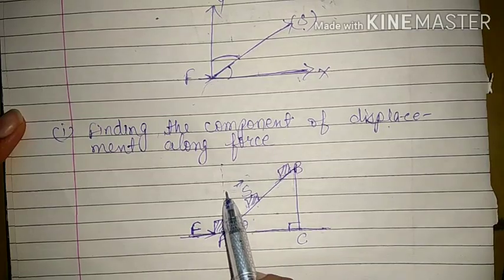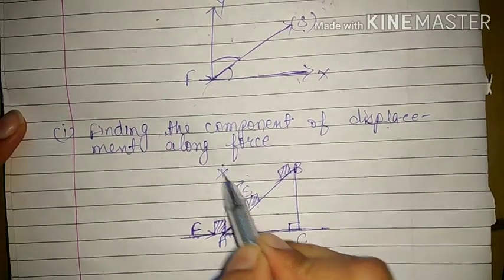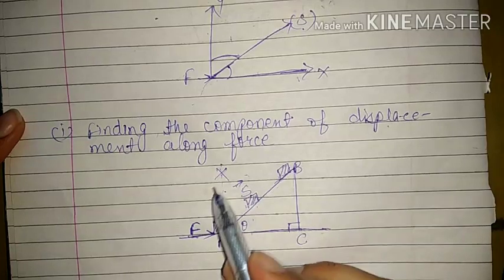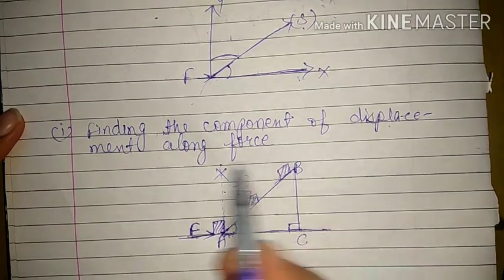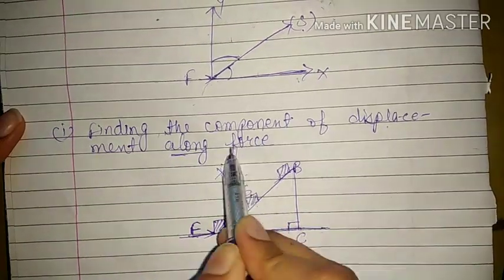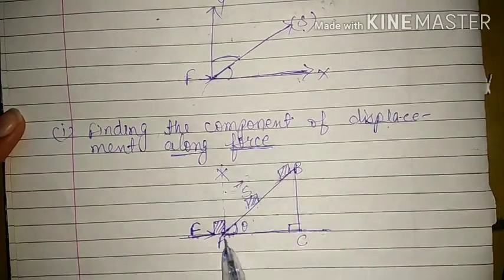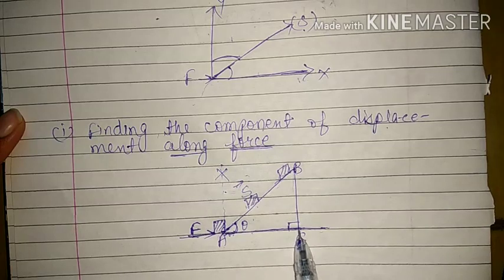But we do not have to do anything with the vertical component, so we have not drawn it. Why? Because we want a component which is along the same line as the force.